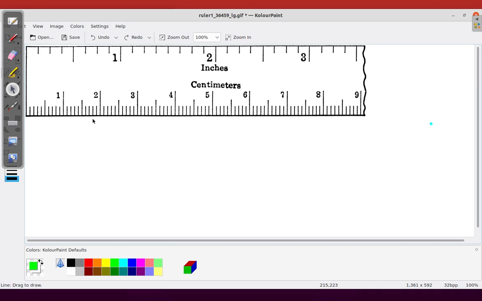All right. As for the metric side, the centimeters, as I said before, 100 of these centimeters make 1 meter. Then there's a popular measurement, a name for 1,000 of those meters. 1,000 meters make 1 kilometer.